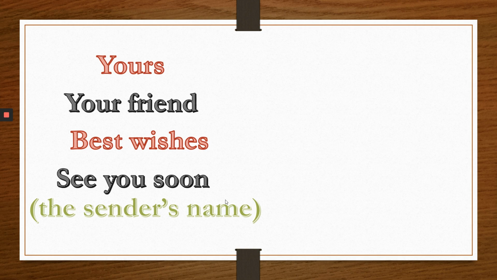In your exam, it will be written, imagine that your name is, so this is the name that should be written in this place, not your friend's name. Your friend's name is at the beginning of the letter. Here, imagine that your name is Nasir or Nasra, so here you have to write Nasir or Nasra. Imagine that your name is Salim or Salma, so here you have to write Salim or Salma. It's your name, in your exam.